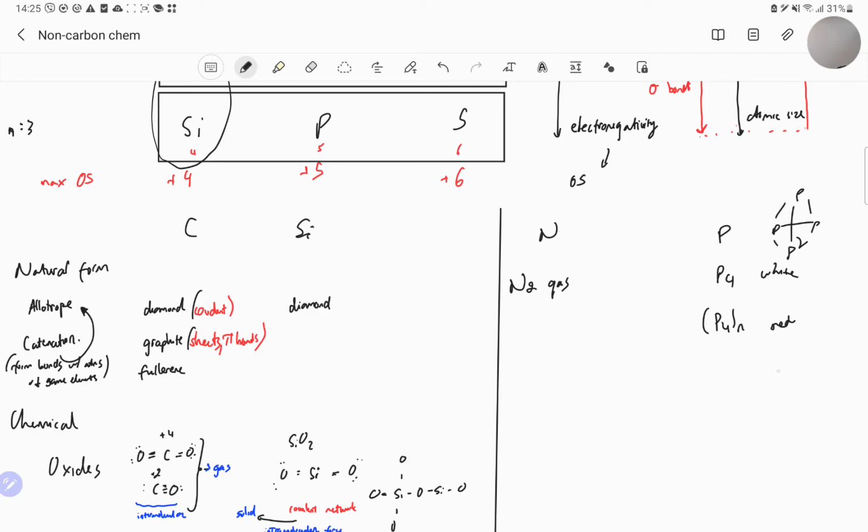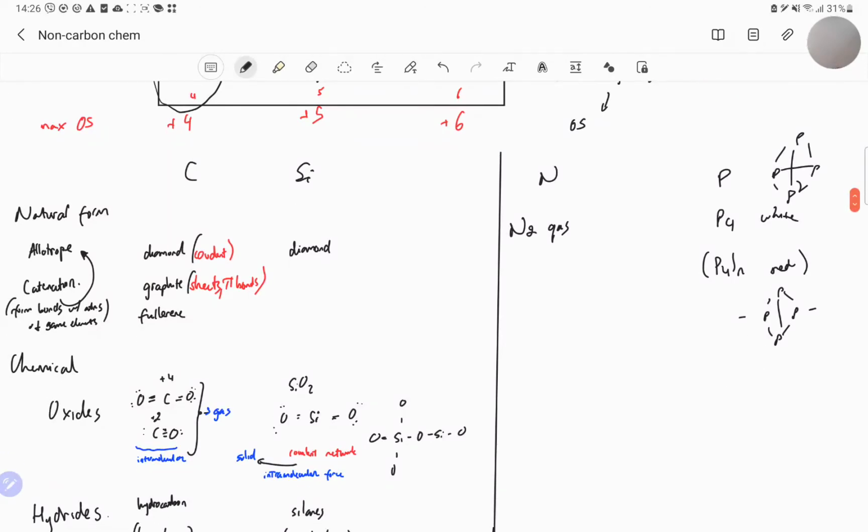So you're no longer a sort of a pyramid. You just sort of turn into this square shape. Okay? And they will form bonds and so on. Cool. Yeah, I'll just leave it as that.